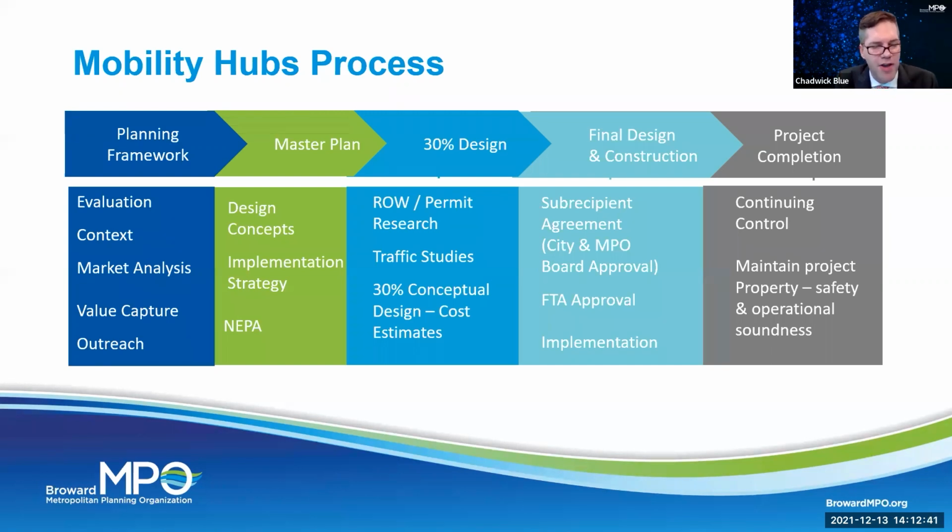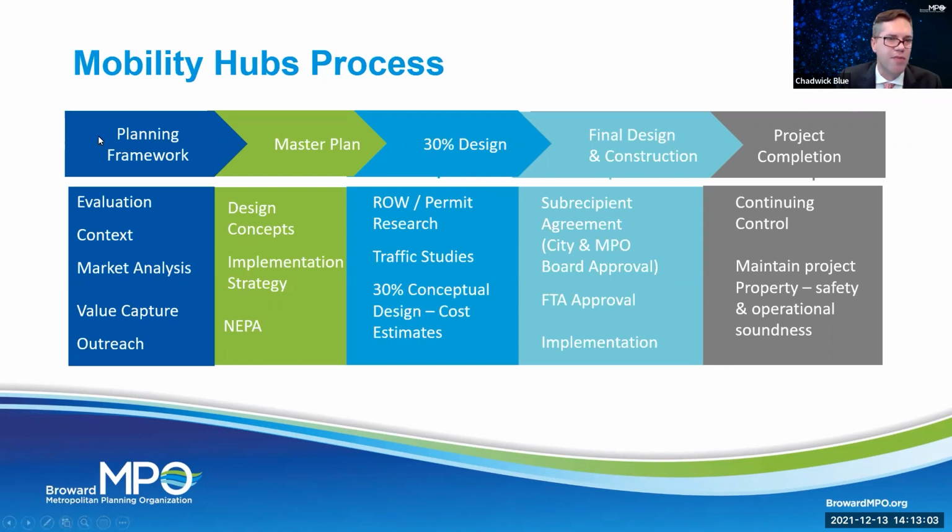And from that, there's value capture, and then there's public outreach that's done. We go out and meet with the public, try and find out what they envision for this area too, because it's one thing for the applicant to come in with an idea, but we really want to make sure that the public and the communities that are impacted are behind the project.